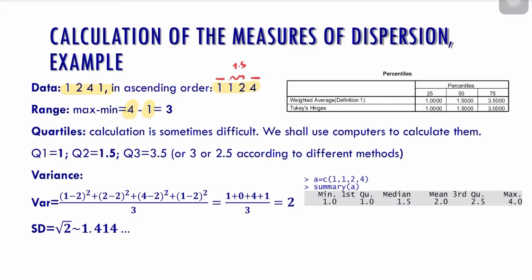And as you see here, in our data we can see the different quartiles. Q1 is 1 because it is the first one. For the second one, because we have 4 numbers, the average of these two is 1.5.